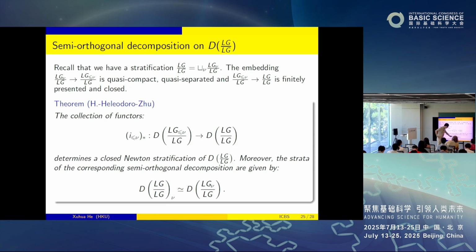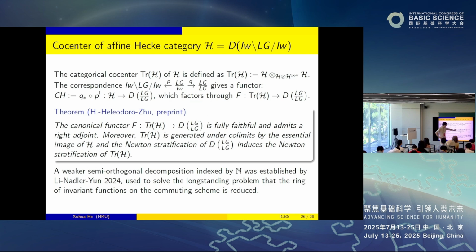If you have a depth 0 character sheaf here, we pull back to each Newton stratum, and then take the star pushforward or shriek pushforward, and we still get depth 0 character sheaves. So this is the compatibility with the depths.